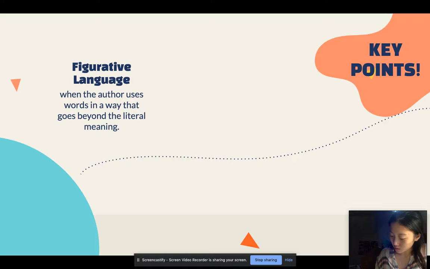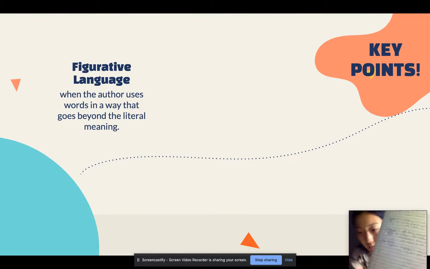And since these are your notes, feel free to use some abbreviations if you want, okay? But this is what mine look like, right?